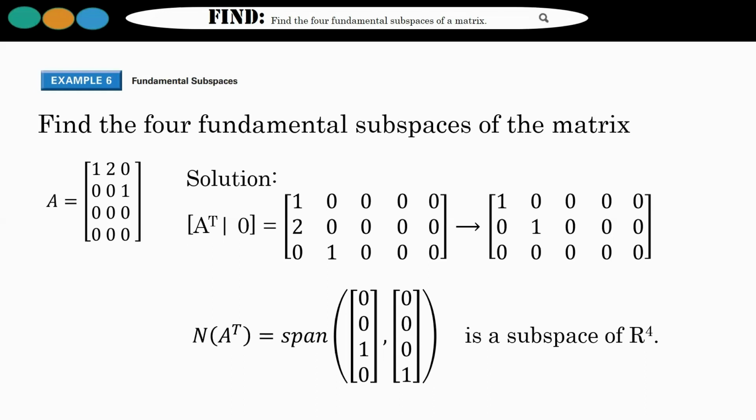By Gauss-Jordan elimination, we get 1 0 0 0 0 1 0 0 0 0 0 0 0 0 0 0 0. And then the null space of transpose A is equal to span 0 0 1 0 and 0 0 0 1. So this is a subspace of R to the 4th power.